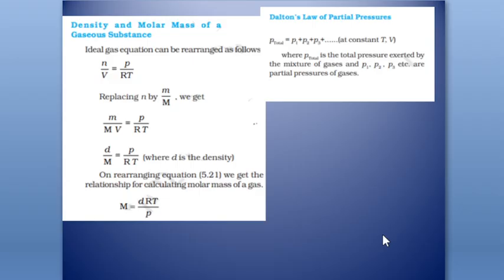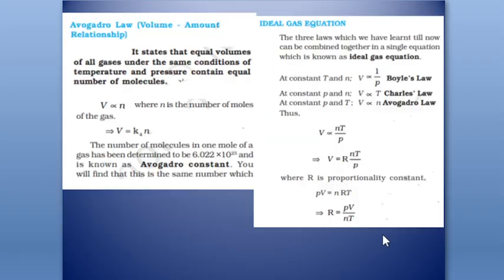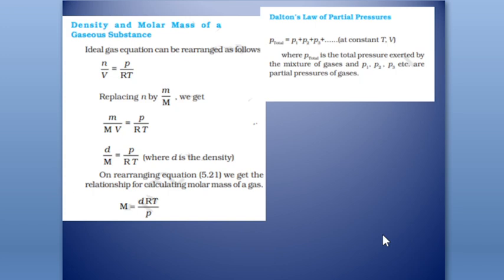So it is the ideal gas equation. Now come to density and molar mass of a gaseous substance. From the ideal gas equation PV is equal to nRT, we get n by V is equal to P by RT. n is equal to small m by capital M, where small m is mass and capital M is molar mass.